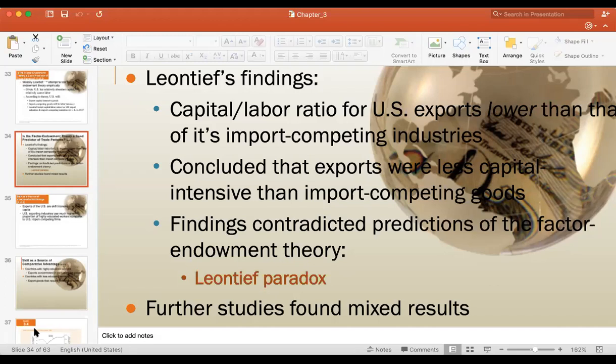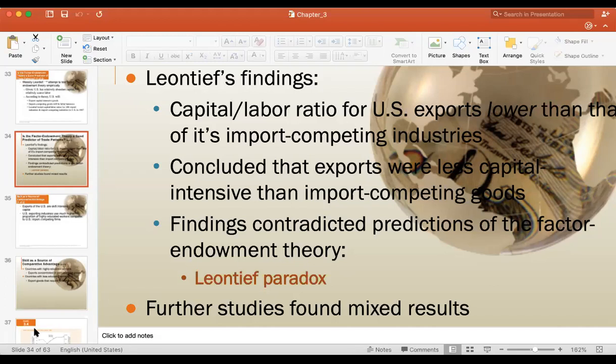You have human capital, you have knowledge capital, you have physical capital. So capital comes in different forms, and it is not advisable to lump them all in one basket.